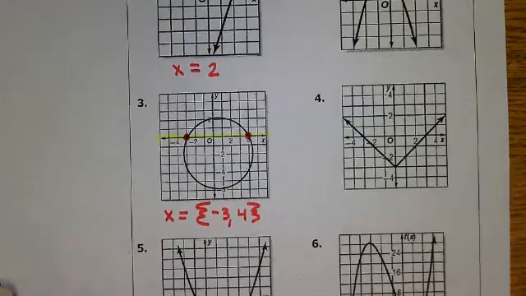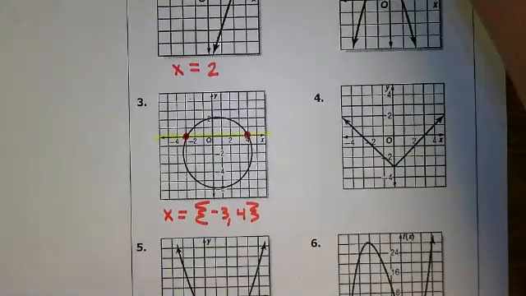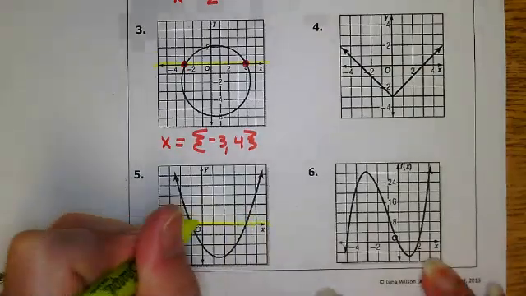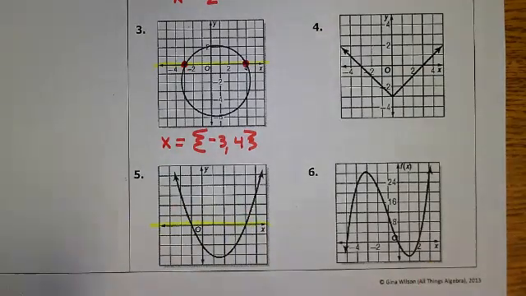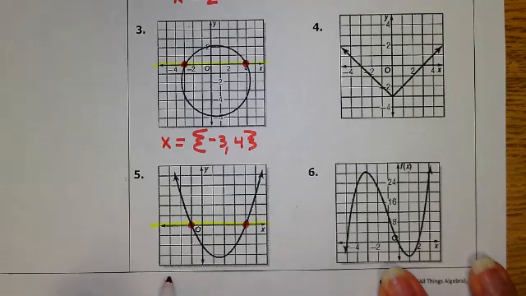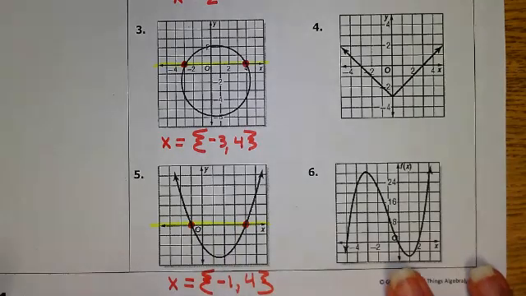All right, and then number 5 down here at the bottom, this one actually does come across the x-axis again as well. So we have a point here and a point here. So our x in this case could be -1 or +4. So in this case, you have two roots, two x-intercepts.